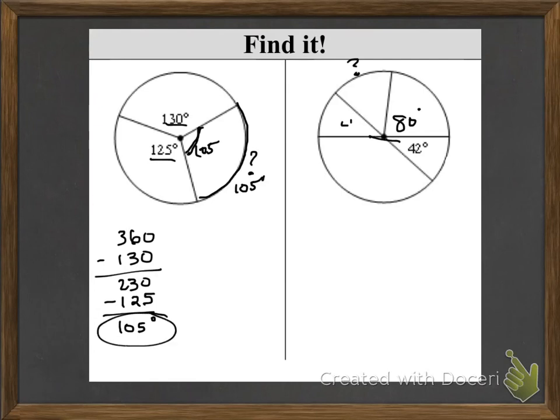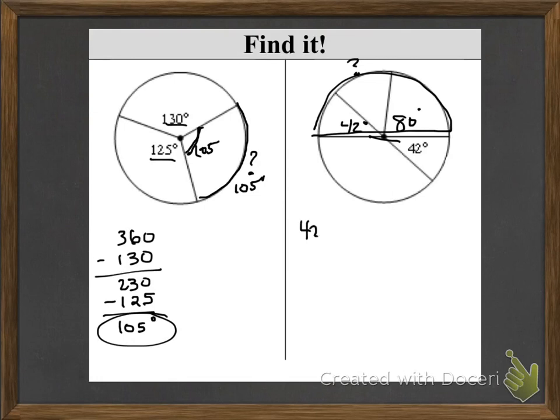In the second problem, first thing you need to do is go ahead and recognize that they're vertical angles. That's why this one on the left is 42 degrees, because it's a vertical angle of the 42 that's already given to me. Now, I'm solving for an arc, which means I need to find its central angle. And see how I have a semicircle here? Well, a semicircle is half of a circle. Circle's 360 degrees.